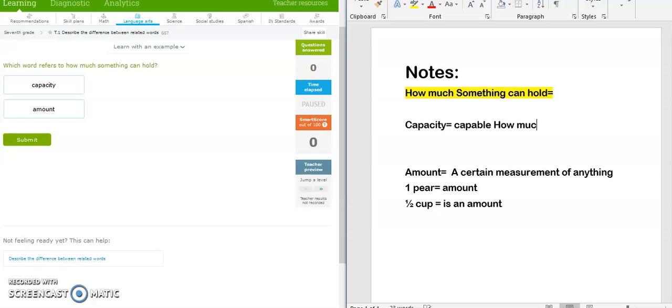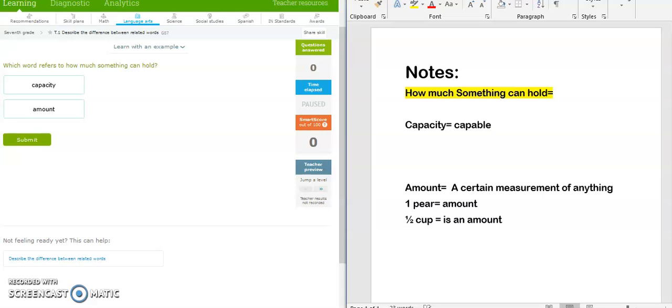We would say, what is the jar capable of holding? And capable is a lot like capacity. So capacity equals, how much is it capable of holding? Which answers our question, how much can something hold?